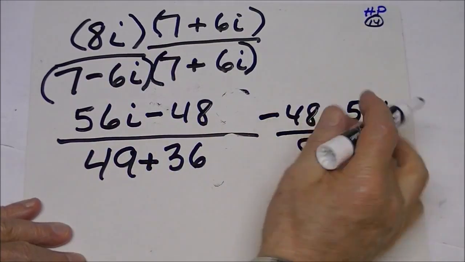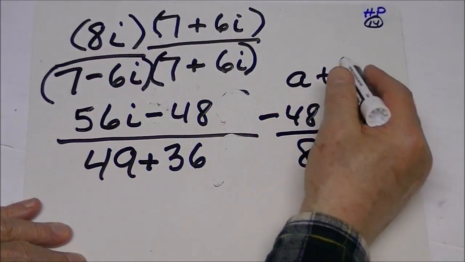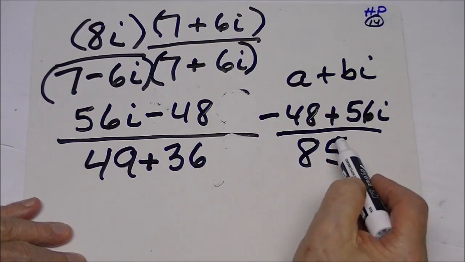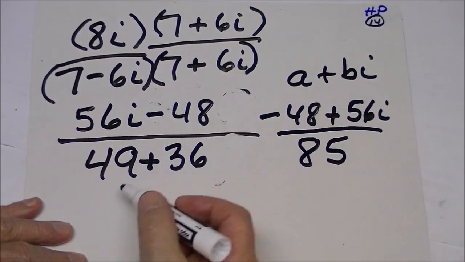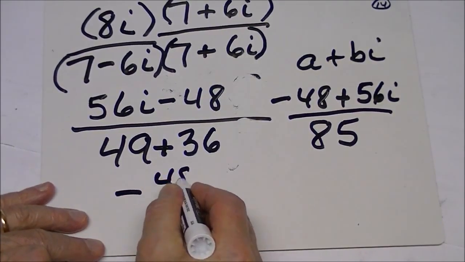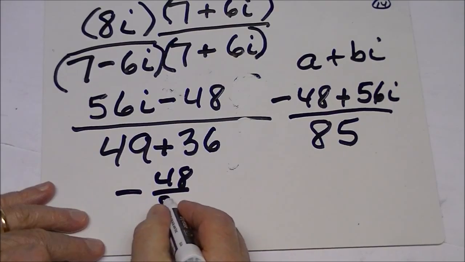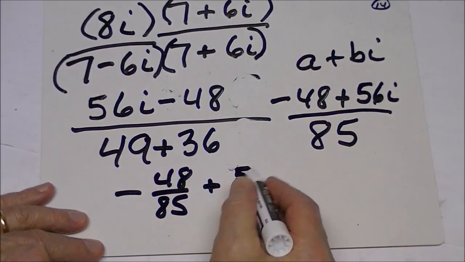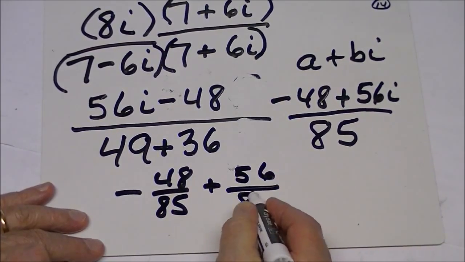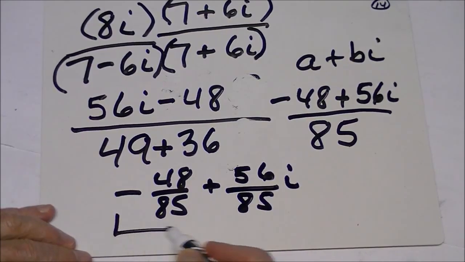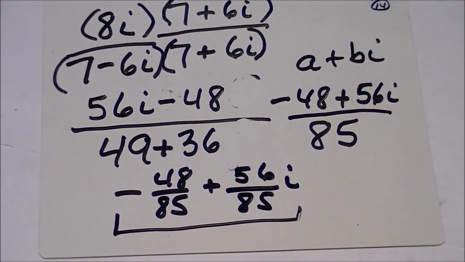I'm just sort of putting that in that a plus bi form, but this way it's not officially in this form yet. We have to write it separately. So that would be a negative 48 85ths plus 56 85ths i. Now, this is the answer in standard form.